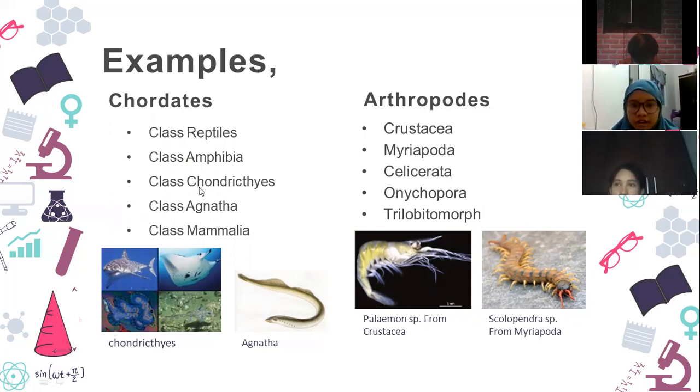Yes, chondrichthyes like fish can be a pest too. I've read it in the news. And then the examples of the fourth part, arthropods, are Crustacea, which is shrimp, Myriapoda, Chelicerata, Onychophora, and Trilobitomorpha.